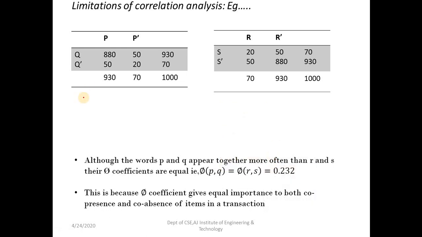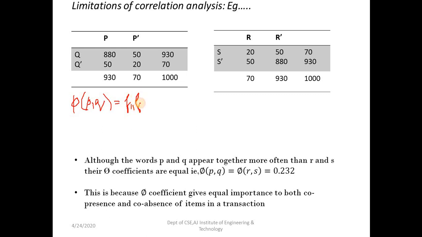Now the correlation analysis, that is phi of P, Q, is equal to f of 1 into f of 0. I'll write the formula again, otherwise it will be confusing here.